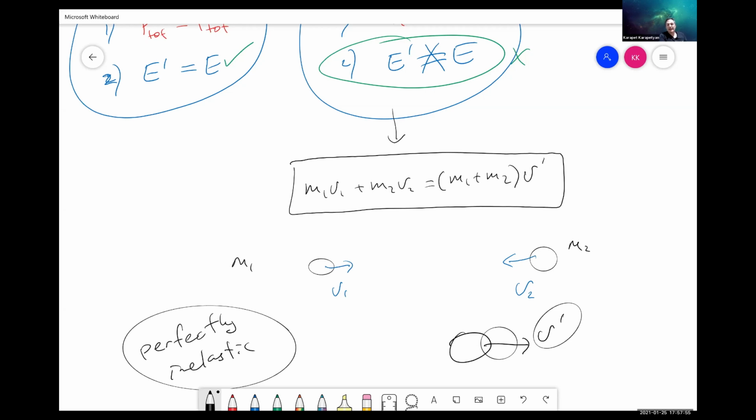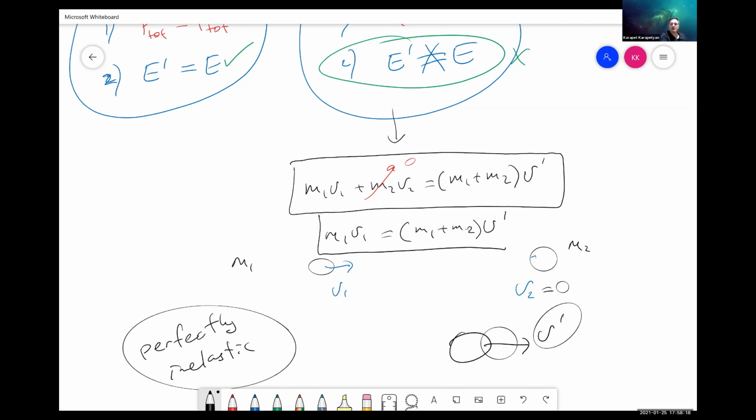A lot of times I can make this problem a little bit simpler. For example, if I make object 2 at rest, so this equals 0, then it basically eliminates this term as well. Then I have, even a little bit simpler, m1v1 equals m1 plus m2 times v prime.